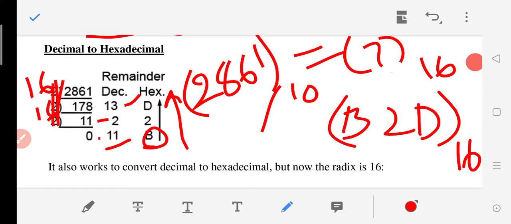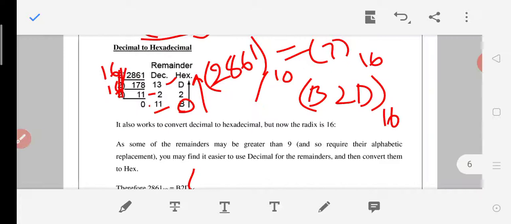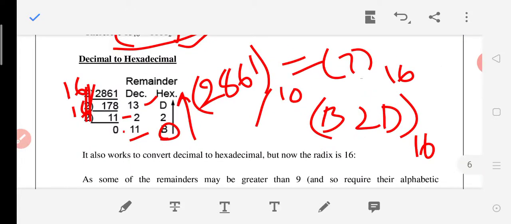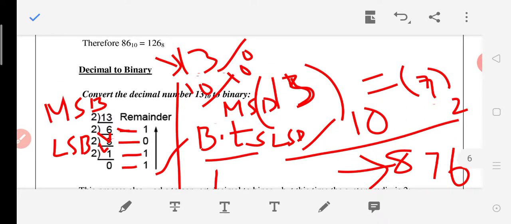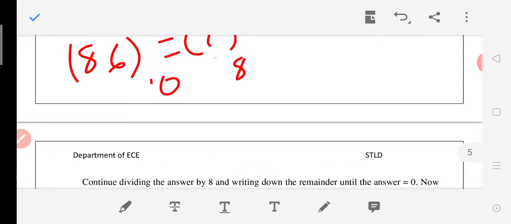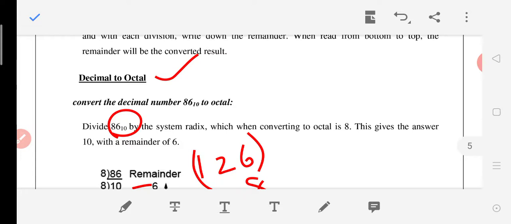In all three cases we observed that if you want to convert from decimal to any other radix, just divide with the base number of the system you want. Don't forget this simple point.